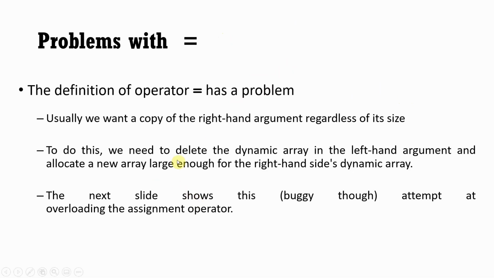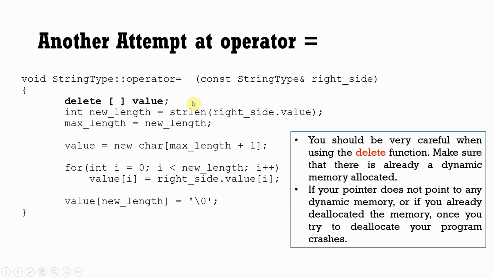Okay, so to fix this problem, we're going to go through another implementation. In order to fix that, if you say S1 is equal to S2, the first thing that we do is: S1 has a pointer that points to a dynamic array. Let's deallocate that dynamic array first.